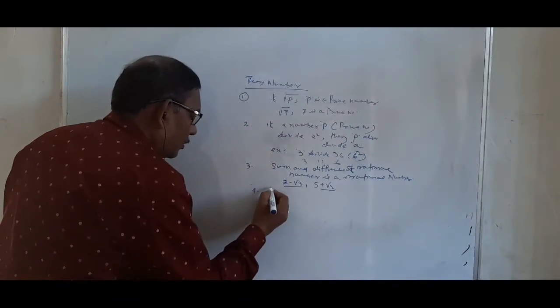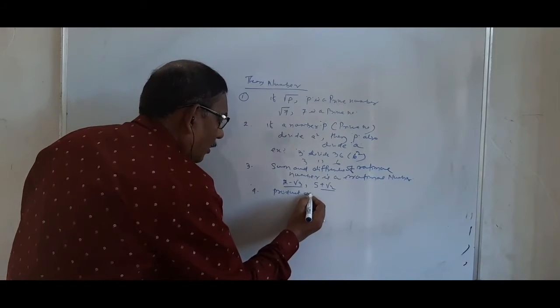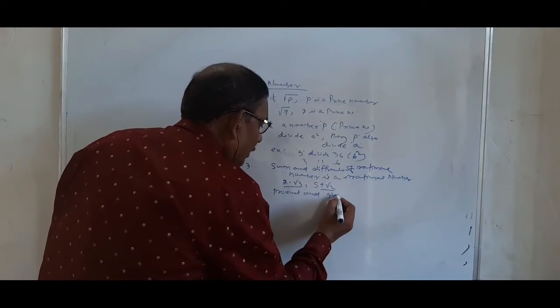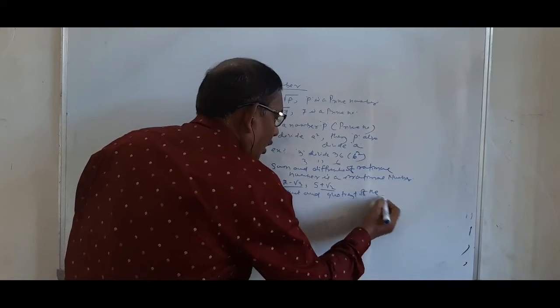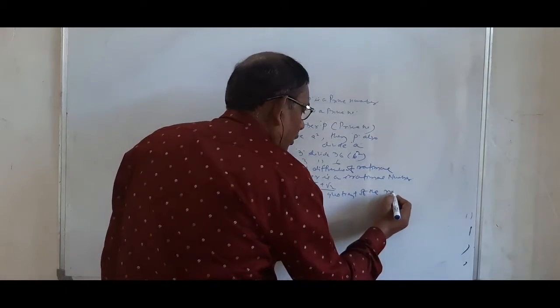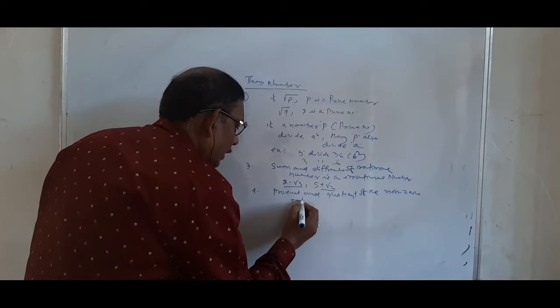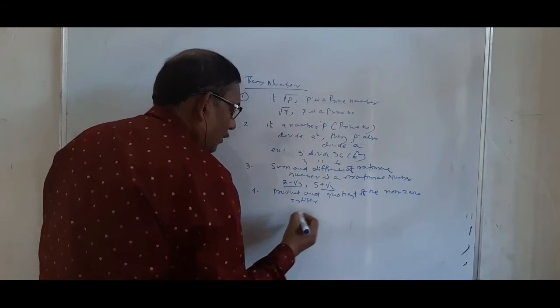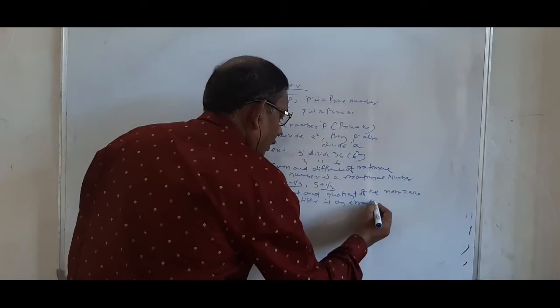Now number 4. The product and quotient of a non-zero rational and an irrational number is an irrational number.